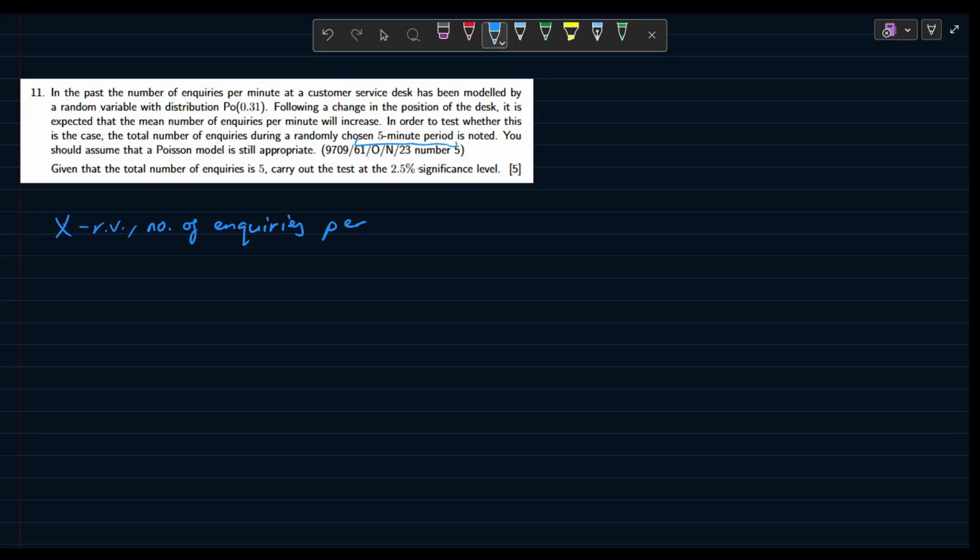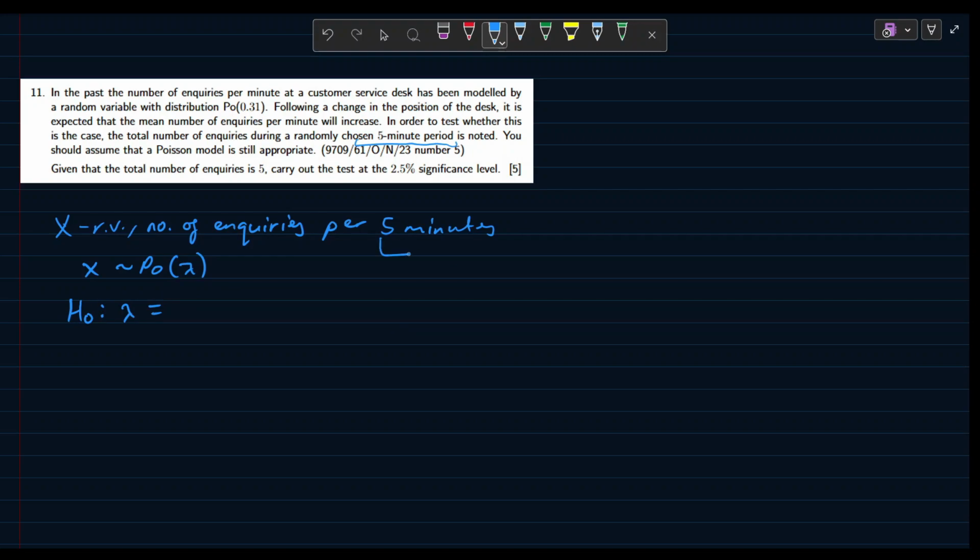So our random variable is going to match this interval as well. So per 5 minutes. So x is going to follow a Poisson distribution with mean lambda, and H naught here is going to be that lambda remained the same.